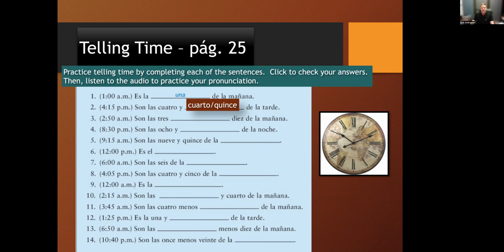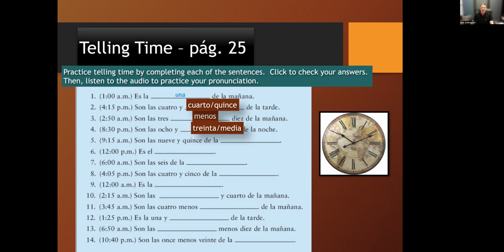Muy bien. Número 3. Son las 3:10 de la mañana. Clases, repitan. Son las 3:10 de la mañana. Número 4. It's 8:30 p.m. Son las 8:30 de la noche.